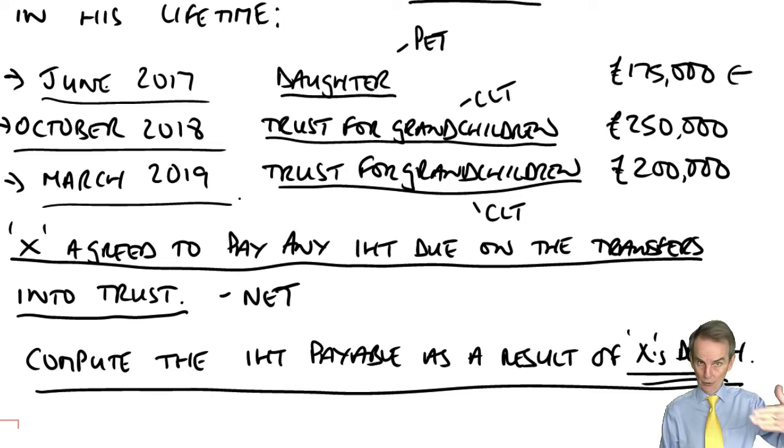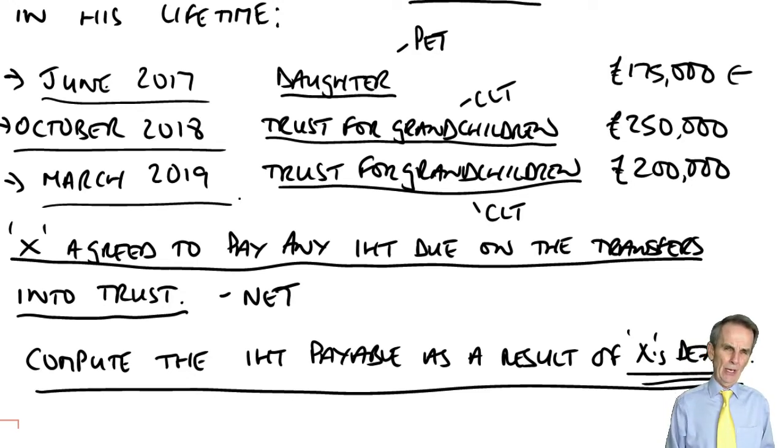Again, working through chronologically from the oldest to the nearest to death lifetime transfer that has occurred. What we'd also need, of course, and we'll always have, and we know it, is the chargeable estate at death, and that too would need to be computed, and again the tax thereon also calculated.